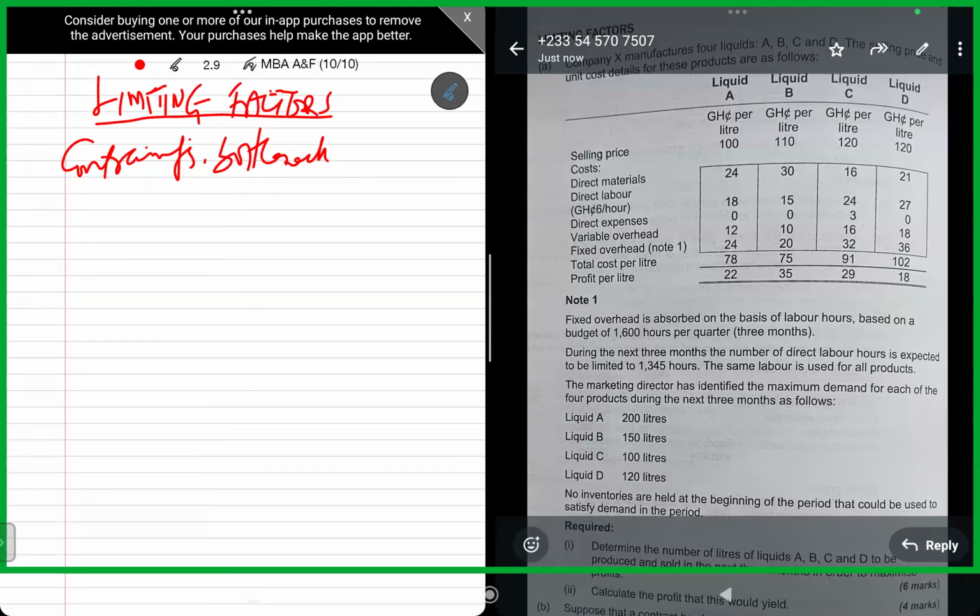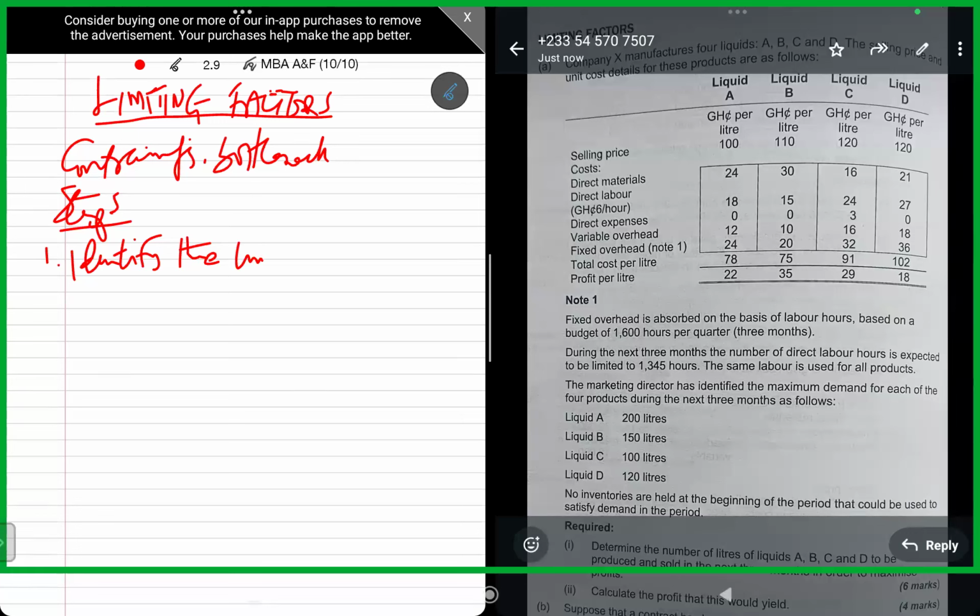Okay, so let's start solving. Now we are going to follow some steps like we did yesterday. We're going to follow a few steps to solve for the limiting factors. As the limiting factors are insufficient materials or labor, it could be any of them, we must first identify the bottleneck, that is the resource which is limited.